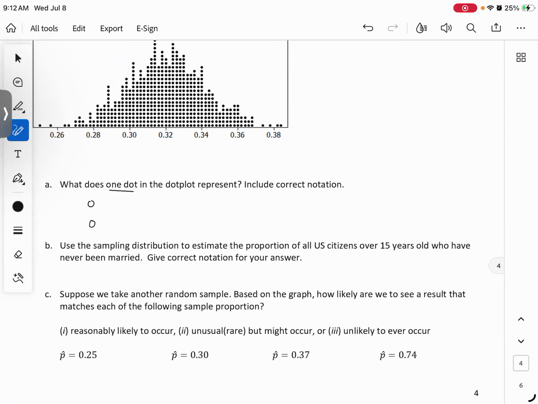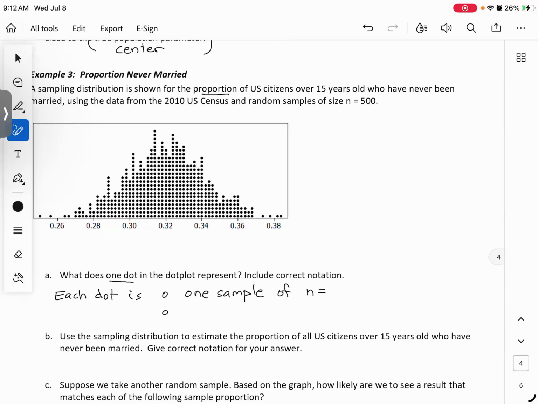Each dot is one sample. Then the second thing we're going to say is one sample of n equal to, they say it right here. These are all samples of size 500.